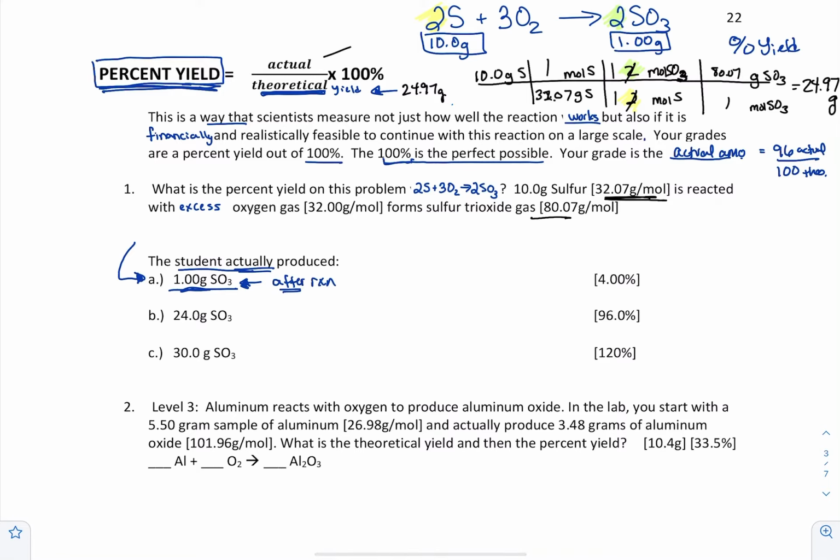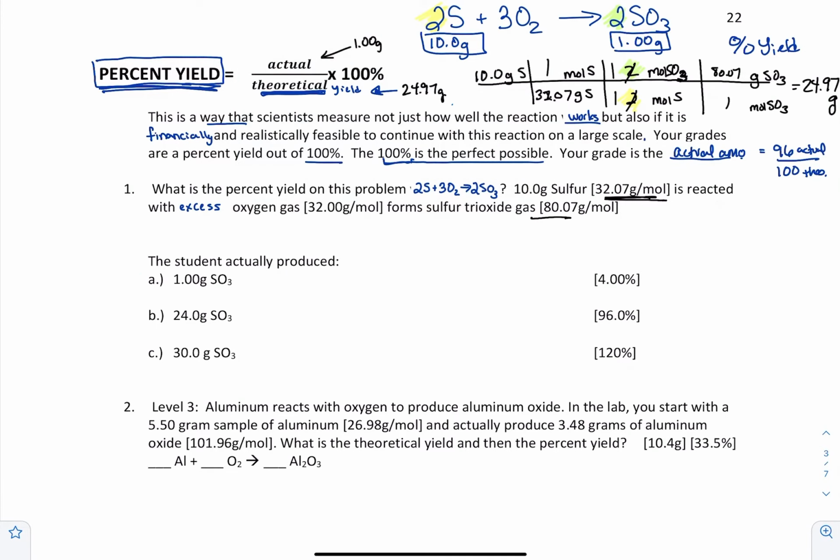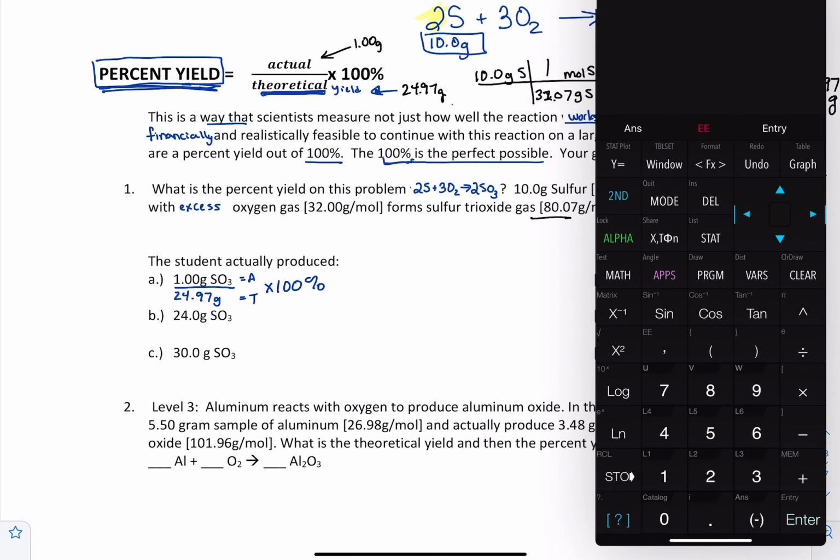Now the actual was given in the problem, and that's going to be really normal. Your actual will be given in the problem. And so in this case, it's 1. So I'm going to move my math right down here so that you can see it. If I use a blue, so it's actual, that's the actual, over the theoretical, that's 24.97, times 100% gives me 1 divided by 24.97 times 100.